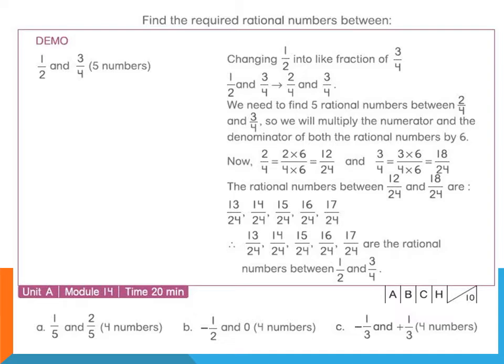So first of all, we make both the given rational numbers into like fractions. Then we find equivalent fractions with a bigger numerator, so that there are some numbers between the two numerators of the given two rational numbers, and we write down the rational numbers.